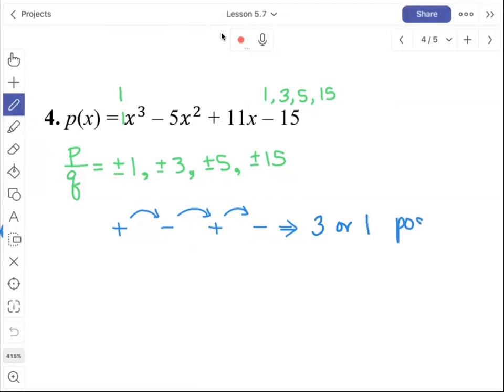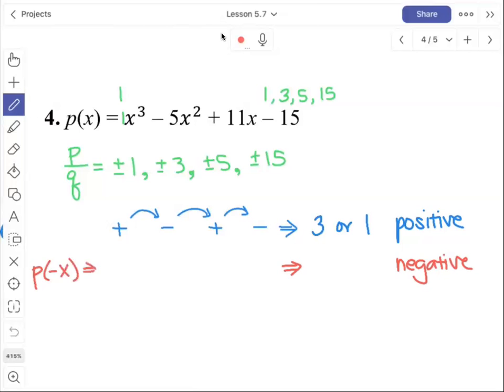Gloria, what about the negatives though? How do I find the negatives? How many negative roots? What do I do to find out? You plug in negative x. Good. Yes.